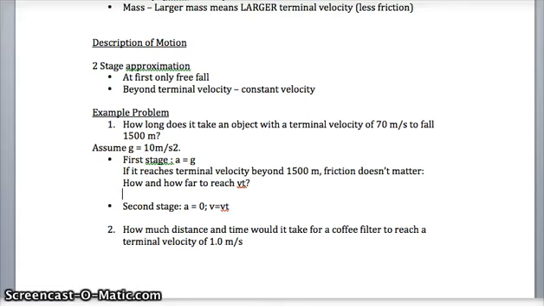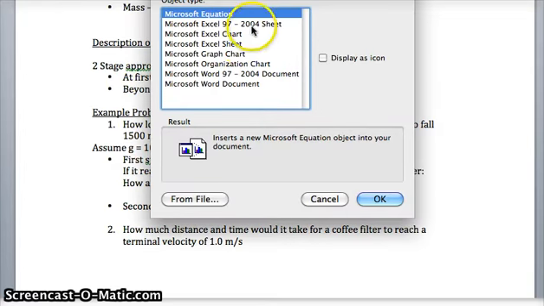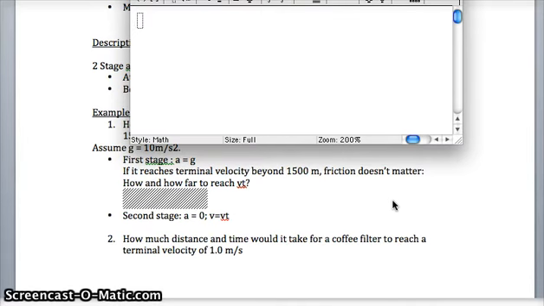So we use our two equations that we use for free fall. Those are distance equals 1/2 at squared, and acceleration equals v final minus v initial divided by time.